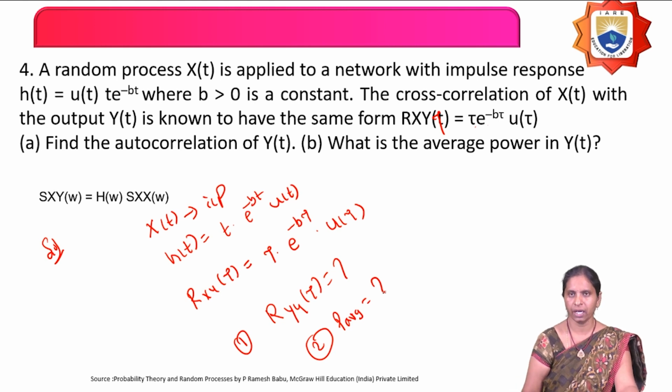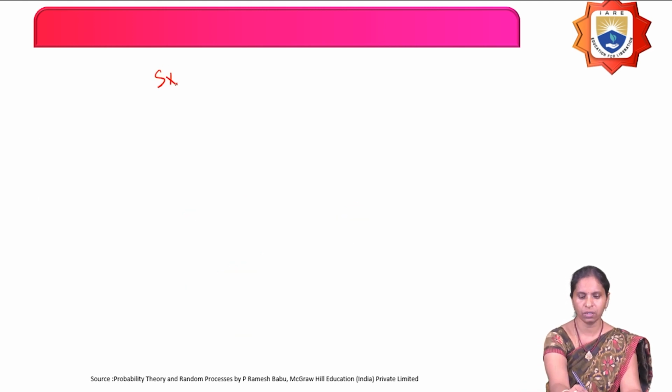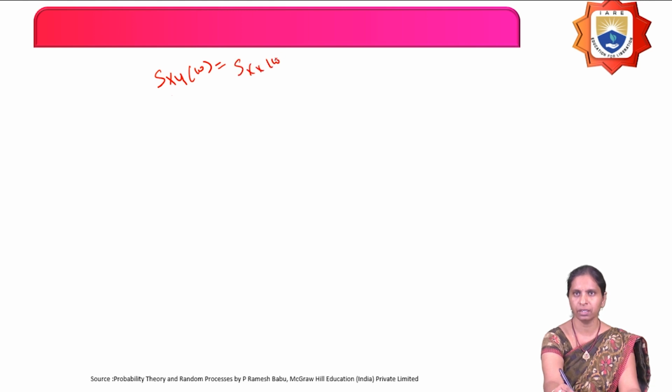So now, how do you calculate the autocorrelation function of y of t? Before that, what is the relation between the cross PSD and the PSD of the input? The cross PSD of the input and output is given by Sxy of omega equals Sx of omega into H of omega.